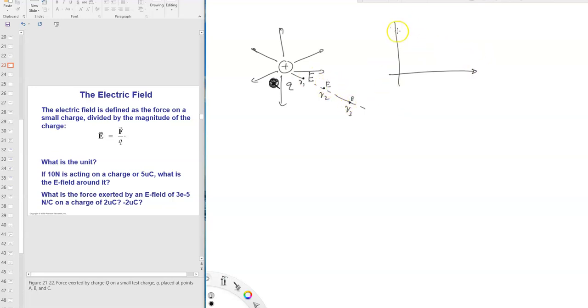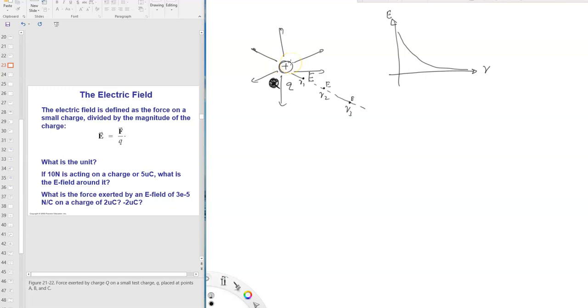If you plot the strength of the electric field with the distance, what you get is something like this. It's exponentially decreasing. As you go to infinity, it reaches zero. Alright, what's the equation that describes this? It's kind of similar to the Coulomb equation, which is K Q1 Q2 over R squared. The difference is here we have only one charge.